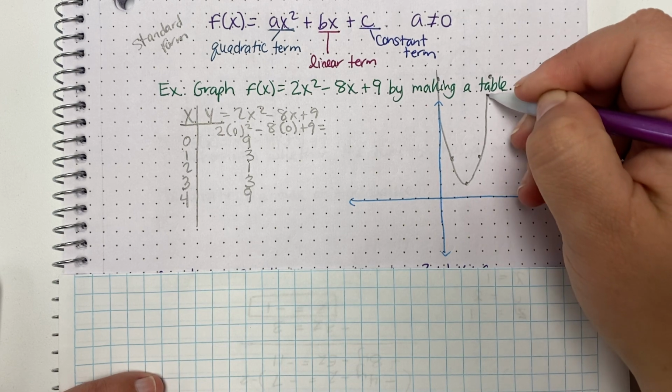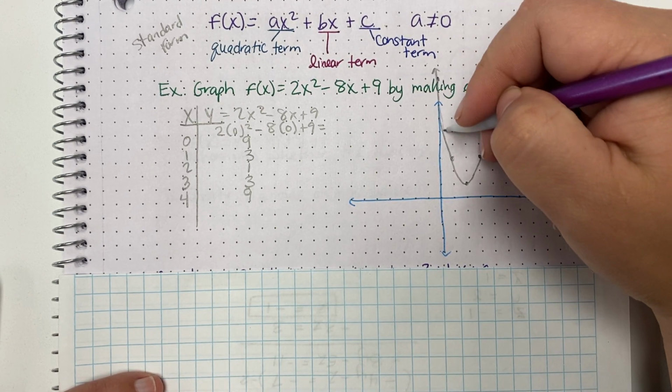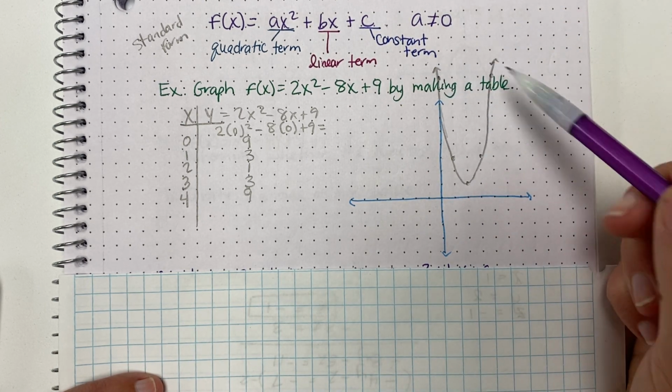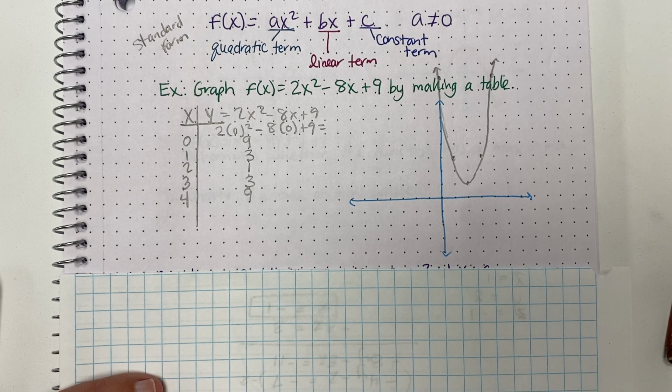And then you make your parabola curve around. So when I say that it is a parabola, this is what a parabola looks like. It looks like a U. And that is a quadratic function or a parabola.